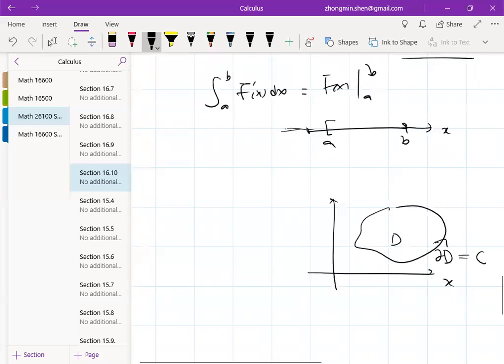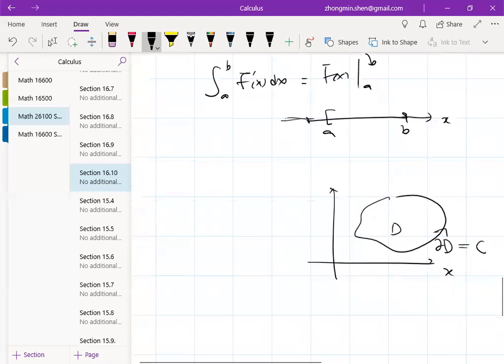So if I have a vector now, how can I generalize that theorem? Green did it. In the 2-dimensional case, I have 2 functions, P and Q, and I'm going to call them F. You don't even need to mention the vector field, just 2 functions instead of 1.